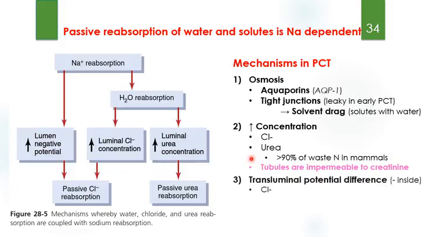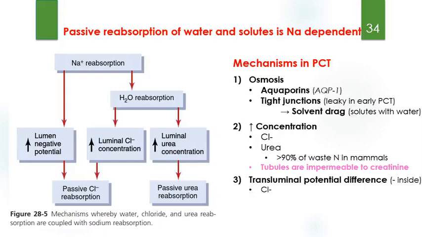The third mechanism is for reabsorption of chloride. After reabsorption of sodium and water, the luminal potential becomes negative, because positively charged sodium has gone to the other side of the luminal cells.